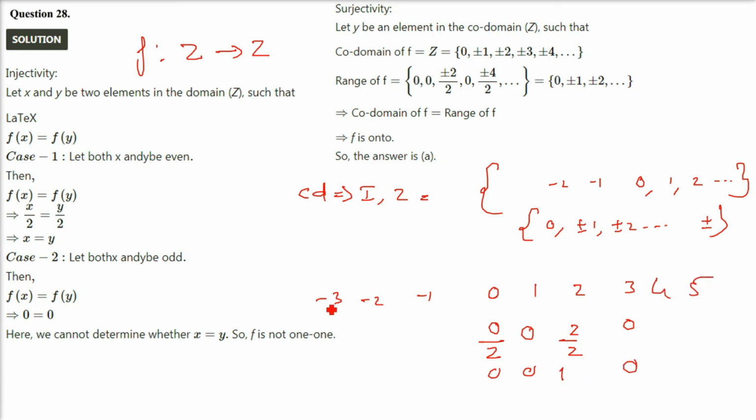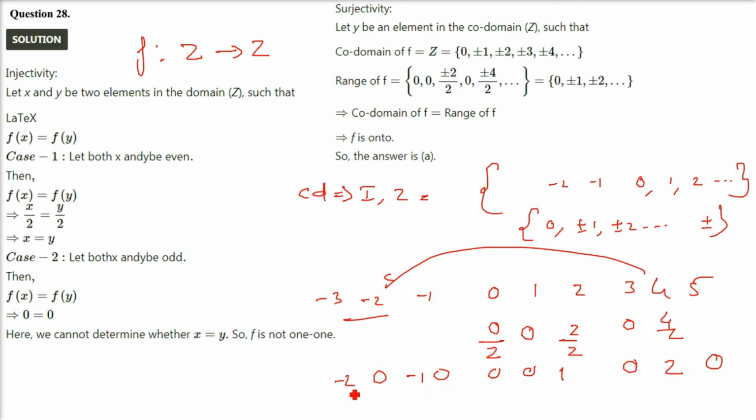Let us take one more. 4 by 2. That is x by 2. So you are going to get 2. For 5 you are going to get 0. So you are getting 0, 1, 2. Don't worry about the number of zeros. Similarly, on the left hand side also you will get -1, -2, -3, -4, like this. So with this discussion, we come to the conclusion that the range is 1, 2, -1, -2, 0.